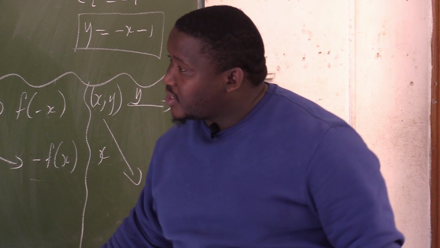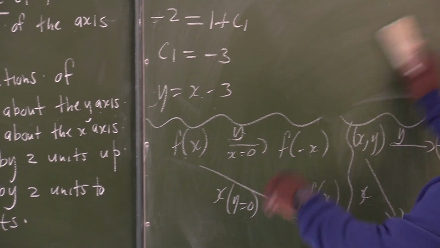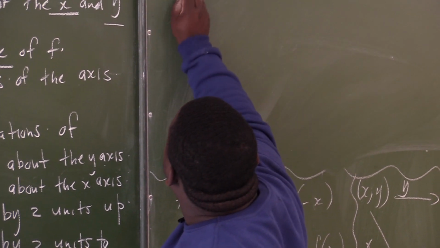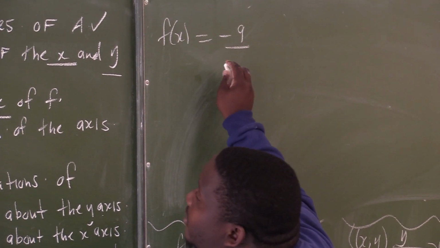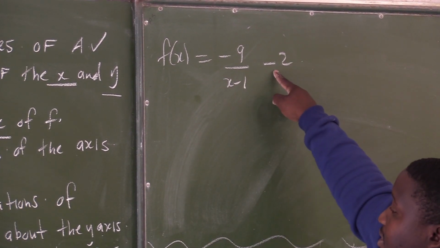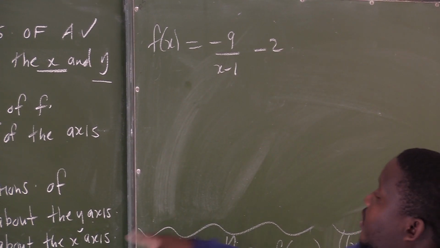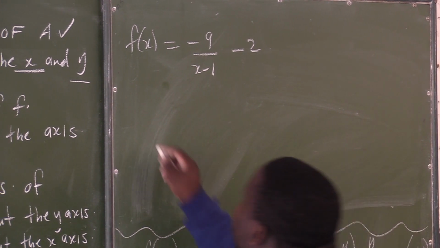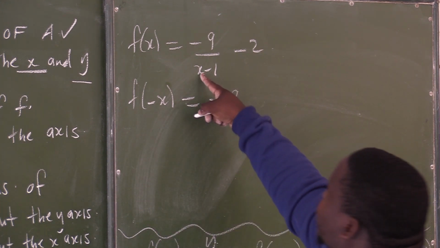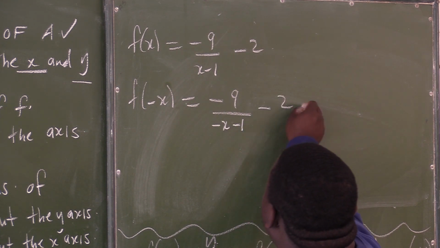Let's look at it in terms of the equation, because what we really want is the equation. So we go to the equation that was given to us. It says f of x is negative 9 divided by x minus 1, minus 2. Let's reflect this equation across the y-axis. What is happening? x must be negative, because the reflection is along the y-axis. You are saying f of negative x, this is minus 9 over, where I put x I put negative x, minus 1, still minus 2.